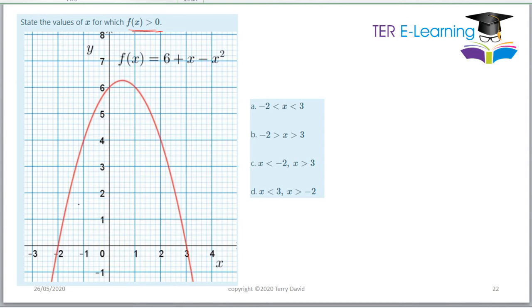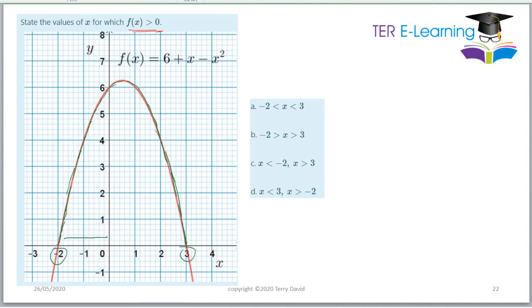So when we say above, we're talking about this part here. All of this is above my x-axis. All right, all of this. All right, so we're looking at this point here and this point here.